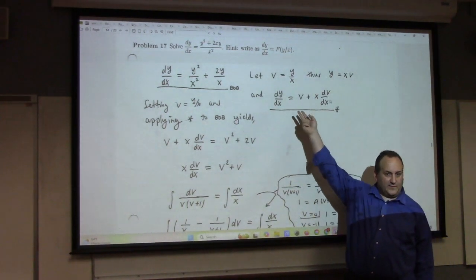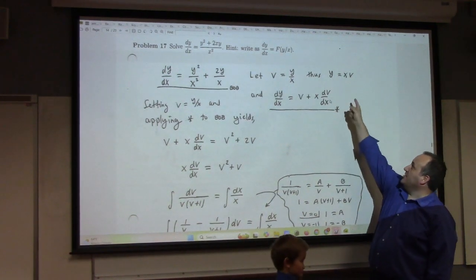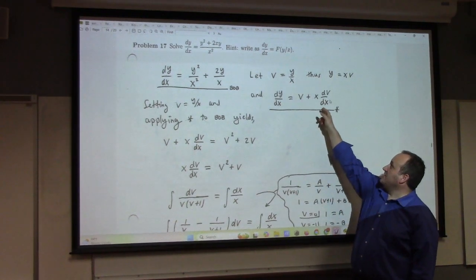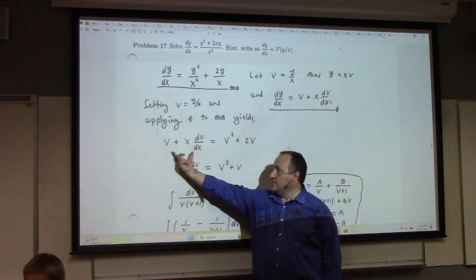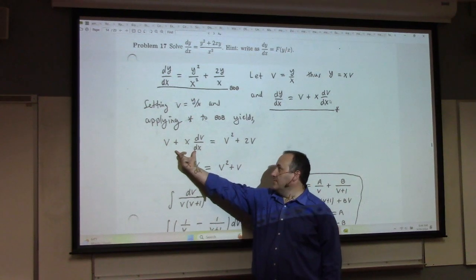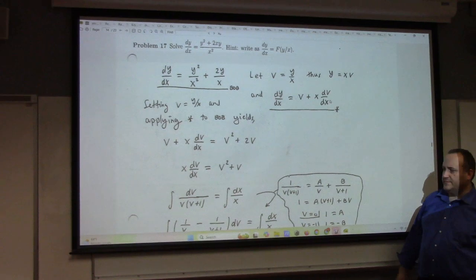So multiply by x first, then differentiate. It makes it easier, and it gives me dy dx directly, which is what I'm after. So dy dx is v plus x dv dx, which I can plug in for dy dx. Again, we have to change the differential equation and the derivative involved. So we have this and that, and then separate and integrate.